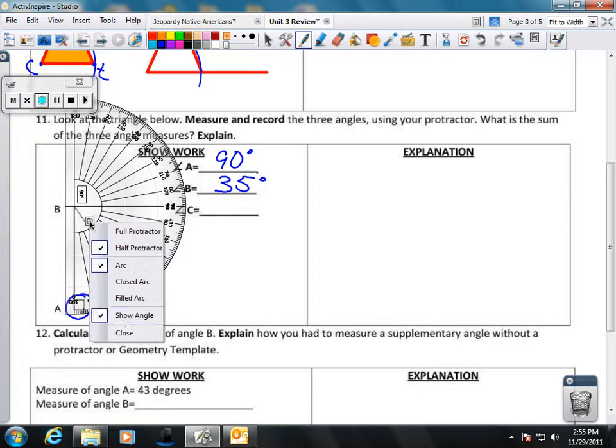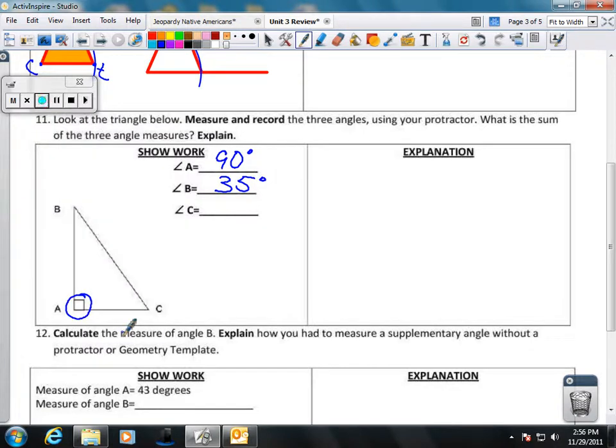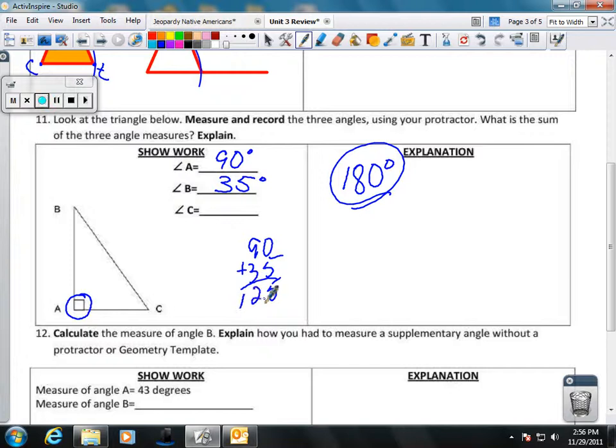And again, because I know that every triangle has a total of 180 degrees in it, all I would have to do is add 90 plus 35. Sorry, let me fix that for you guys. 90 plus 35 equals 125 total degrees.